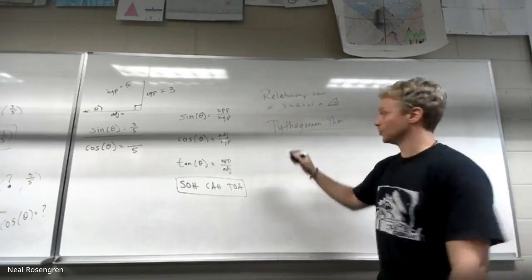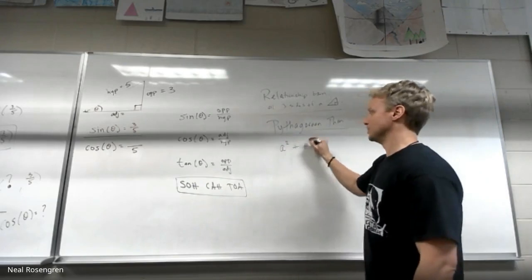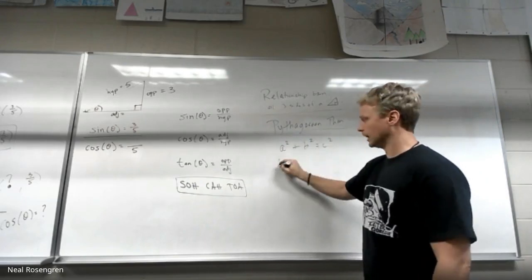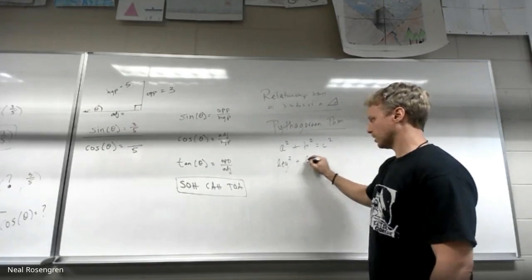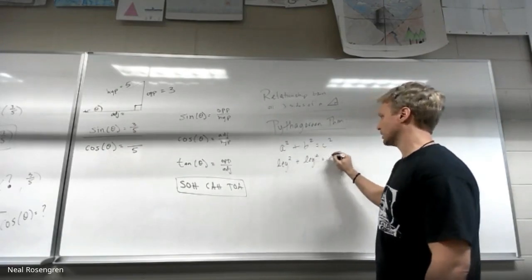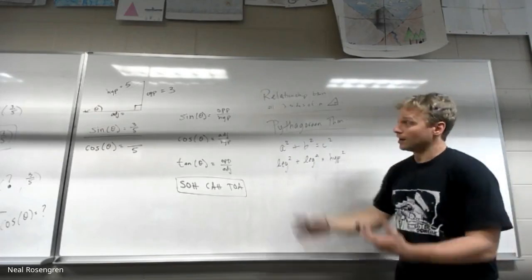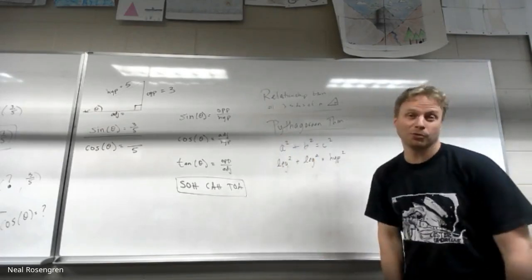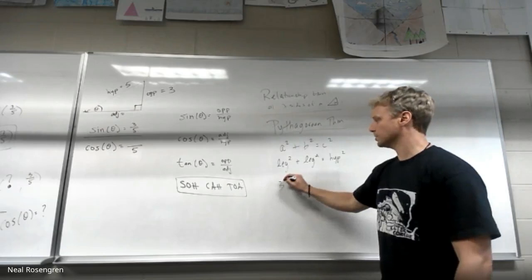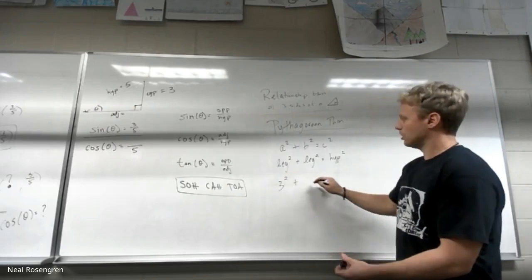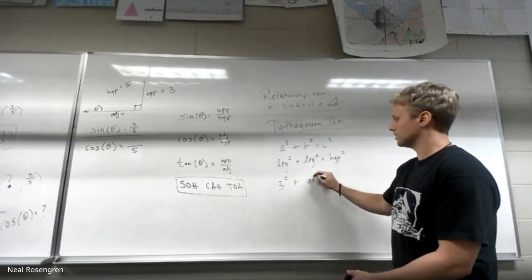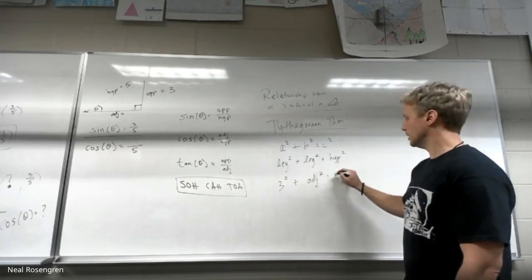His most famous one, of course, is a squared plus b squared equals c squared. The leg squared plus another leg squared is equal to the hypotenuse squared in any right triangle. And if I know two of these sides, I can solve for the third. I can say, okay, 3 squared plus adjacent squared, who cares what I call it, is equal to 5 squared.